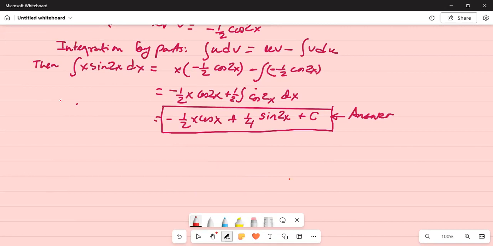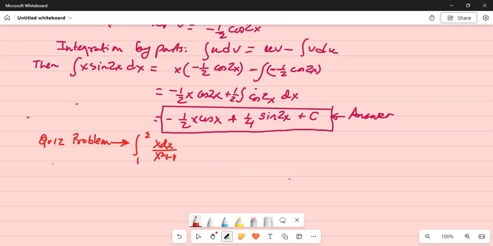The quiz problem was limits from 1 to 2, integrate x dx over x squared plus 1. Okay, so again, integration by parts.